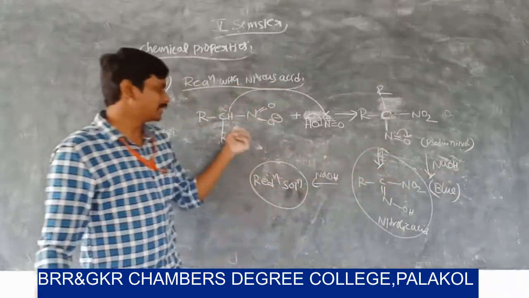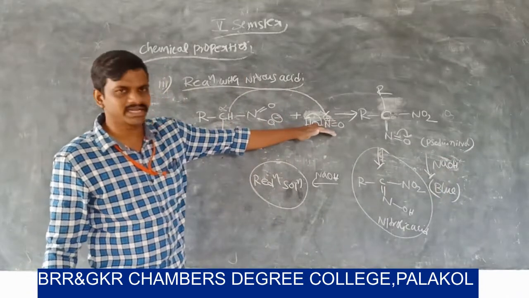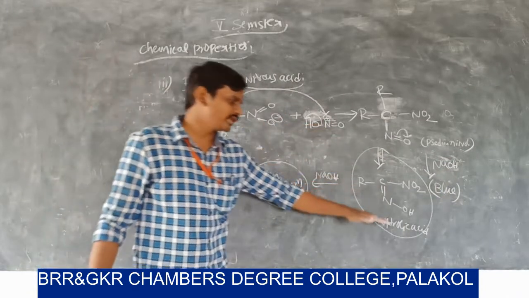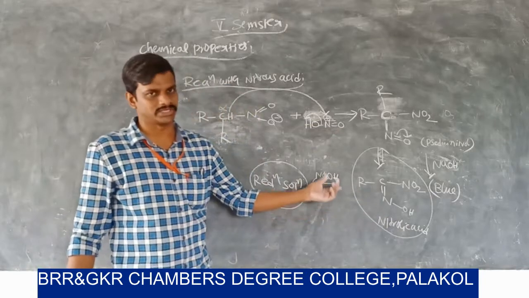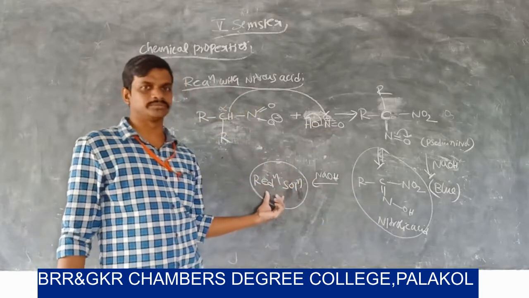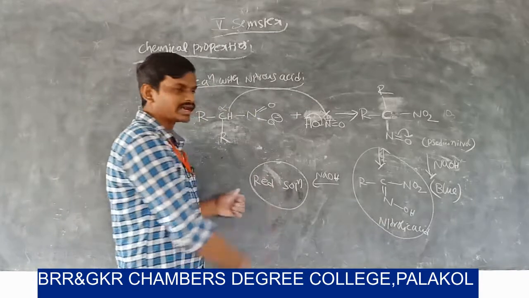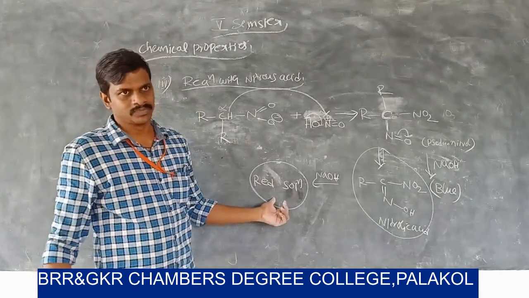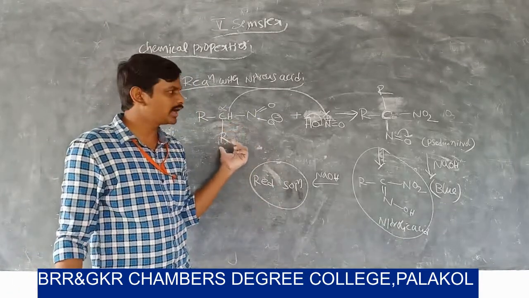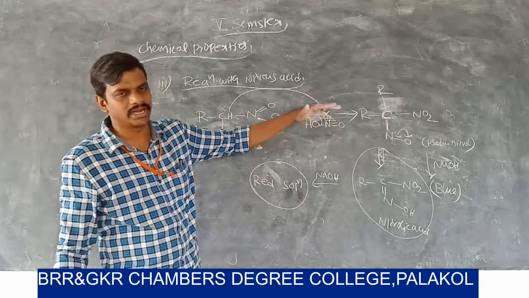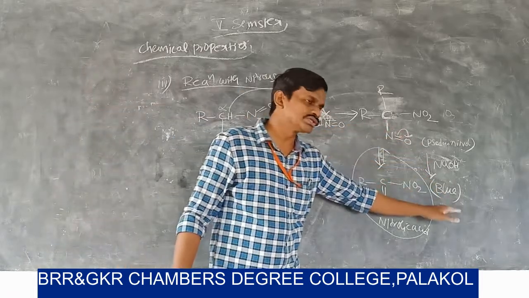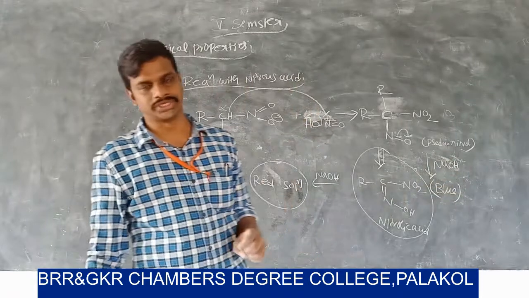Primary nitrohydrocarbons on treatment with nitrous acid, after the formation of nitronic acid, react with NaOH, dissolve in NaOH and produce a red color solution. But secondary nitrohydrocarbons in the same reaction with nitrous acid give a blue color solution.